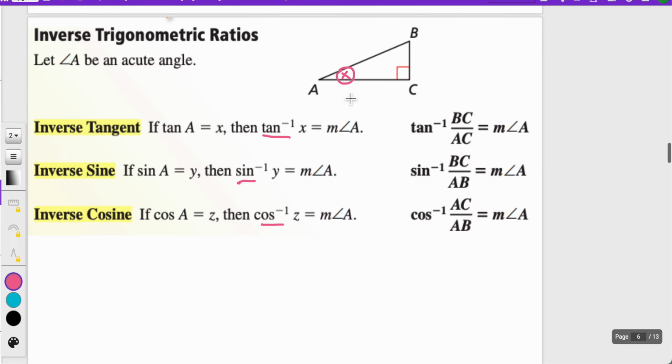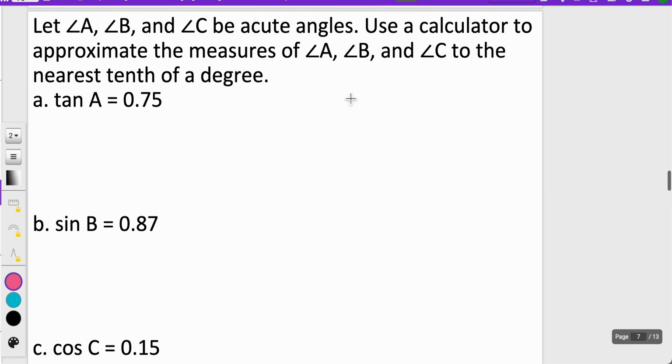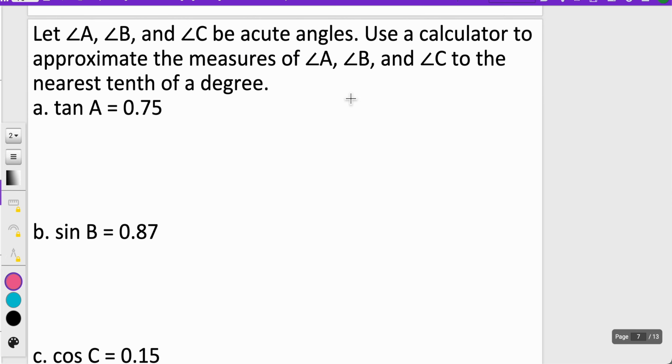So let A, B, and C be acute angles, so we're just going to use some information here to try and solve those degree measurements. The first one says I want to find the tangent of A. So if I want to find the measure of angle A, then what I can do is take the inverse tangent of 0.75.